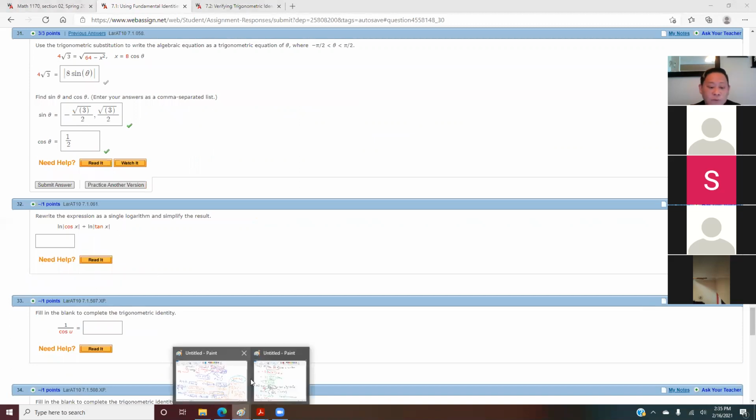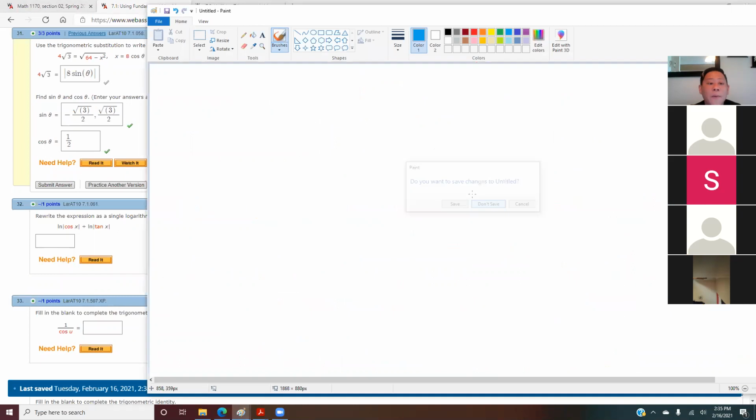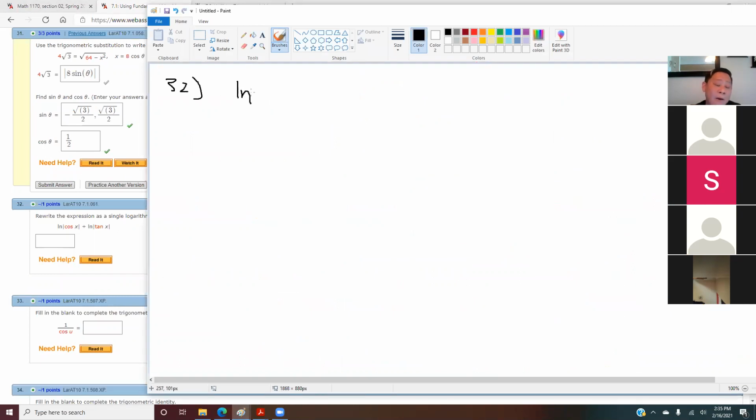The next question, the last question for this one, is 32. In question number 32, you have to use some ln property. Does anyone remember what you do when you have an ln when you add them?